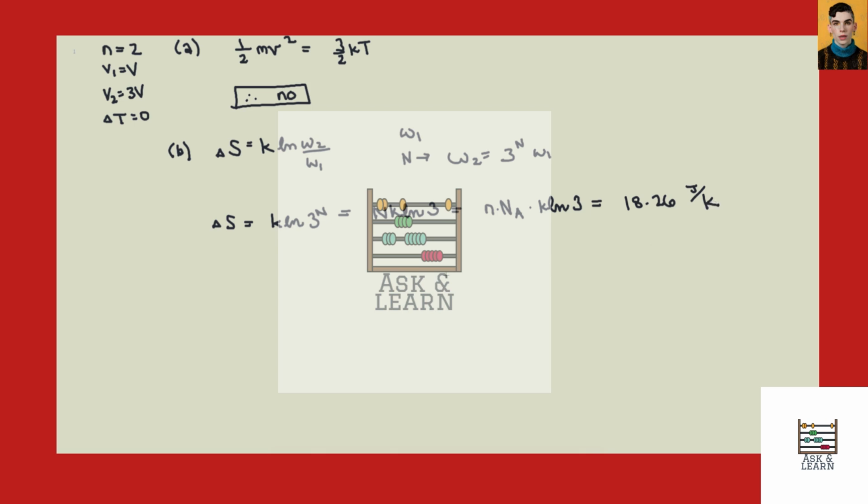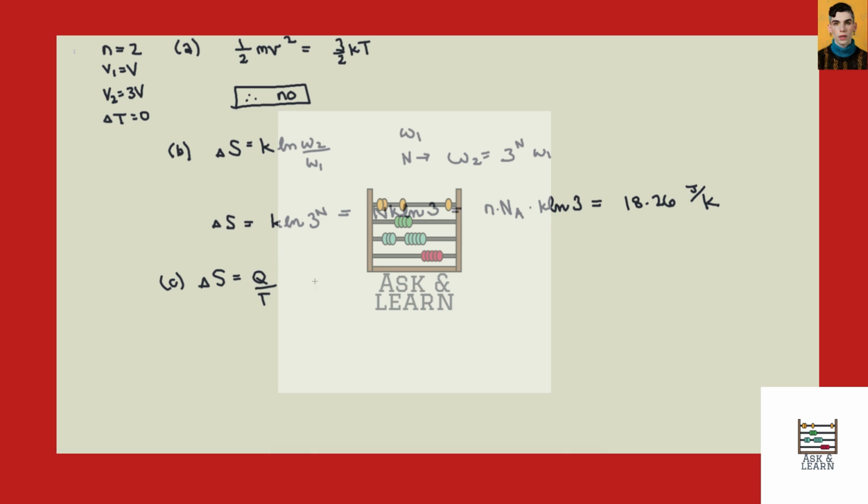Now let's move on to part C. Part C asks us to use equation 20.18 to calculate the change in entropy of the gas. Compare the result to that obtained in part B. So equation 20.18 tells us that delta S is equal to Q over T. But we don't yet know what this Q is.